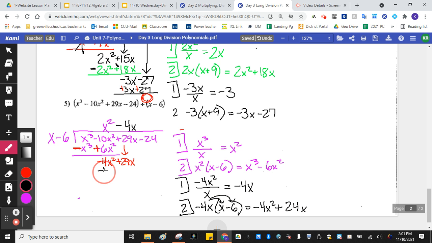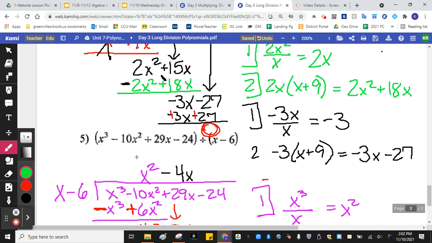Where do I put that? -4x squared plus 24x. And we're subtracting them, so we're changing our signs. This negative is going to become a positive, and this positive is going to become a negative.